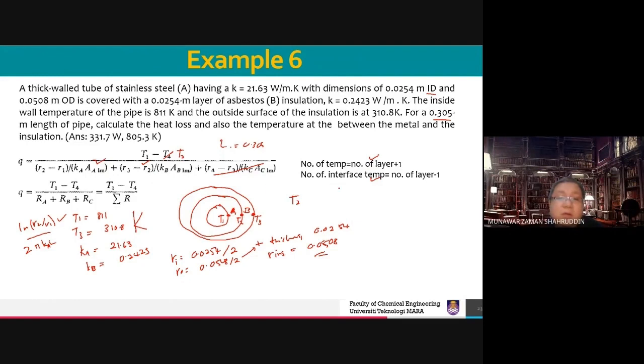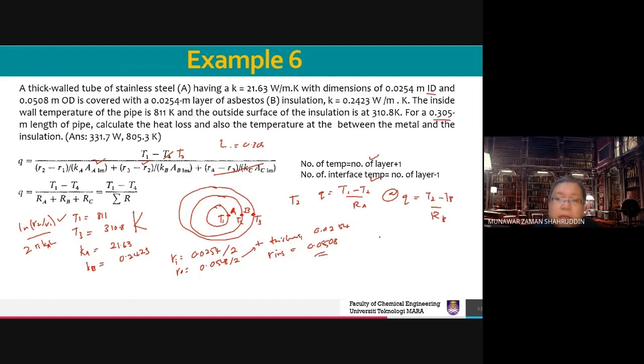You can refer T2 to either layer A or layer B. You have Q is T1 minus T2 over RA, or Q sama dengan T2 minus T3 over RB.